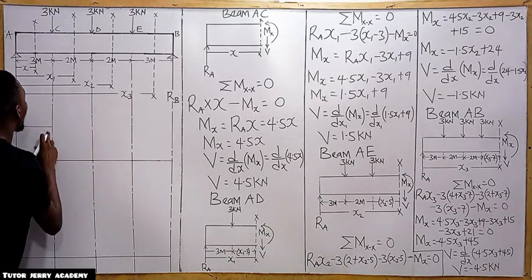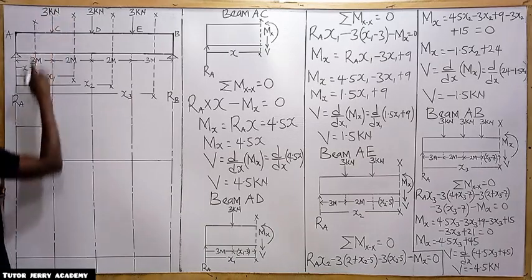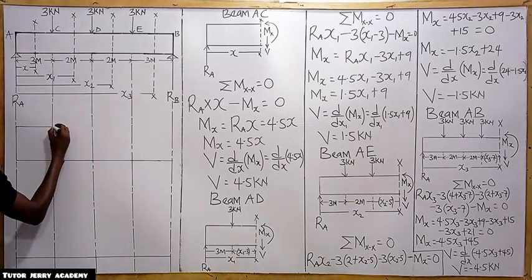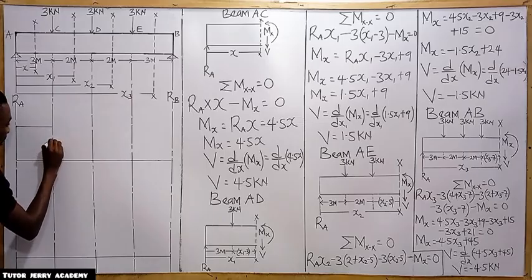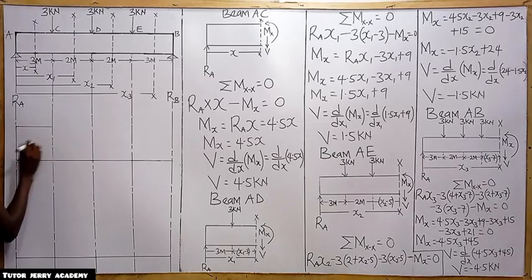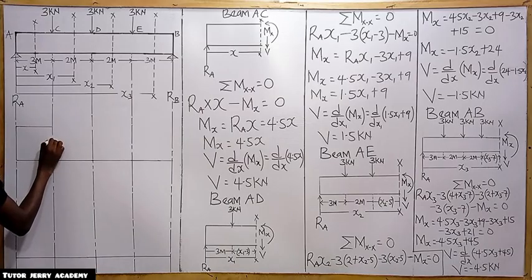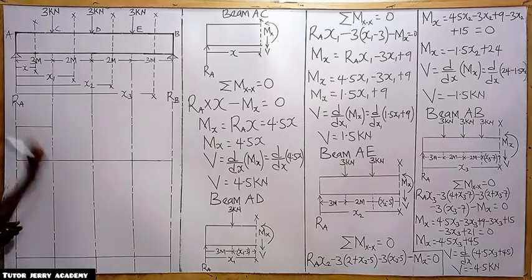So now 4.5 minus 3 is going to give us what? 1.5. So we go down 1.5. If from this point to this point is 4.5, definitely 1.5 should be somewhere around here. Sorry, my marker is drying up because of the breeze. So definitely we should have 1.5 somewhere here.